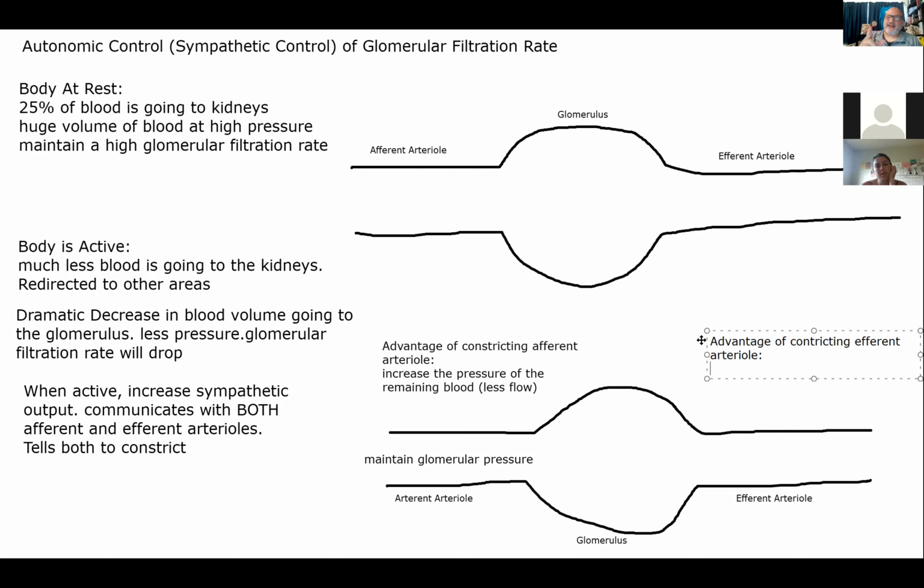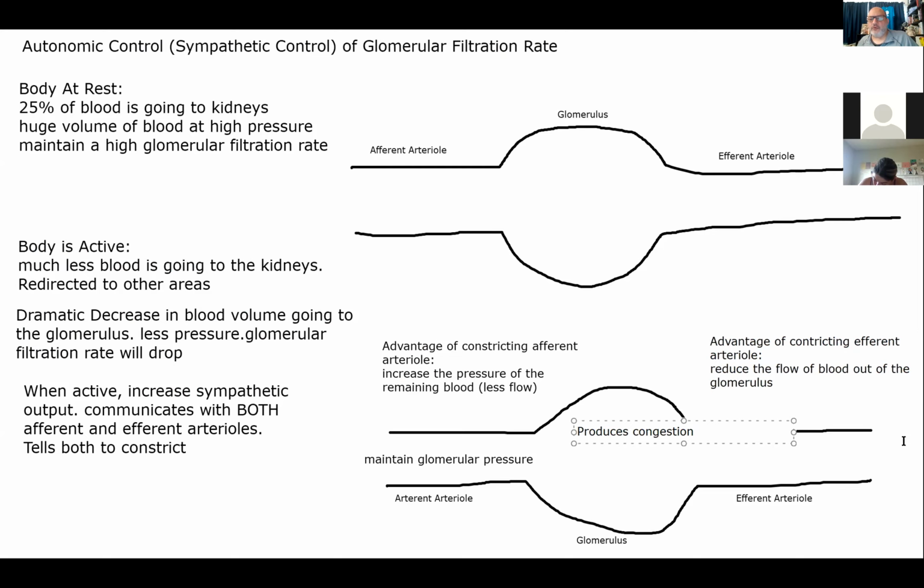Notice in this case, by constricting the efferent arteriole, we reduce the flow of the blood out of the glomerulus. It causes that same thing that happens in Davis. It produces congestion.